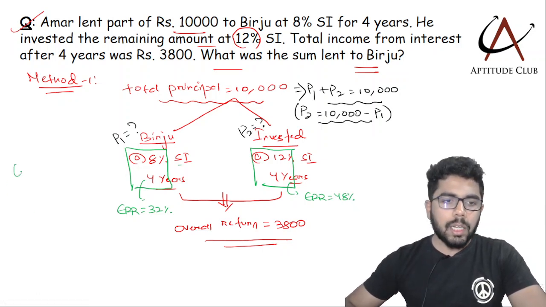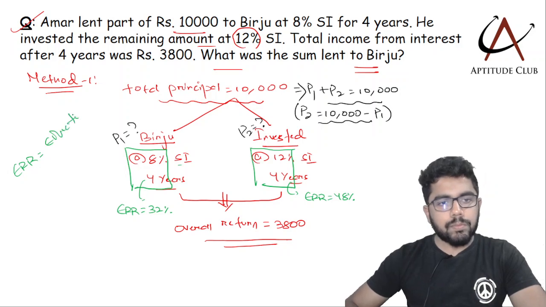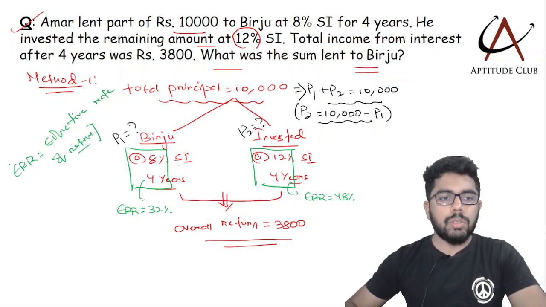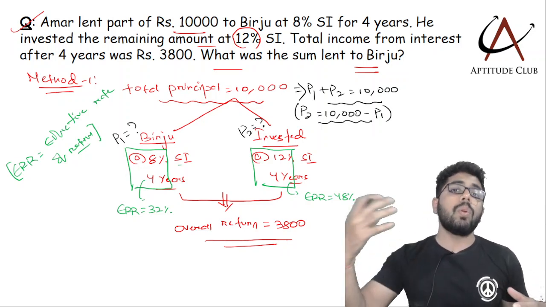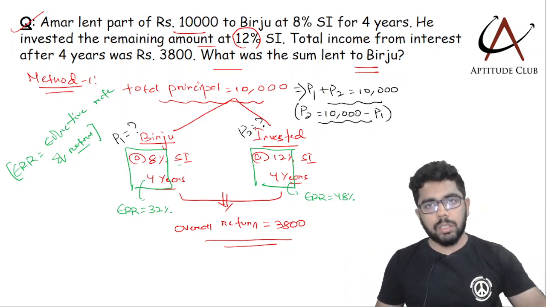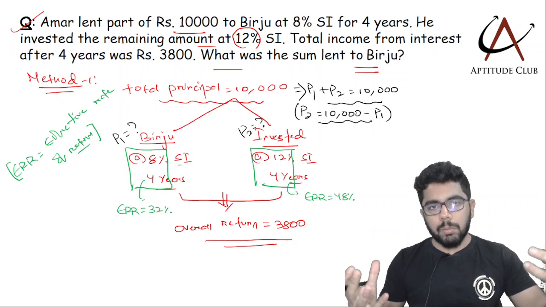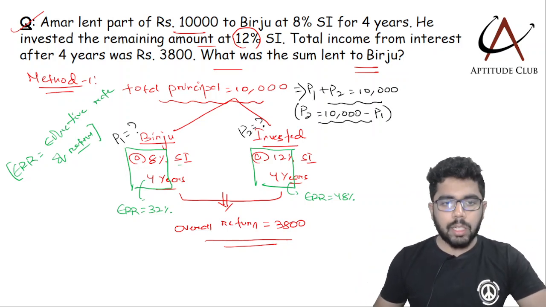Now what is ERR? ERR is called the effective rate of return. That means in the total time duration, how much did you get as return? I'm getting 8% per year as return. In 4 years, how much am I getting? 32%. So that overall return in the total time duration, I'm calling it here the ERR.